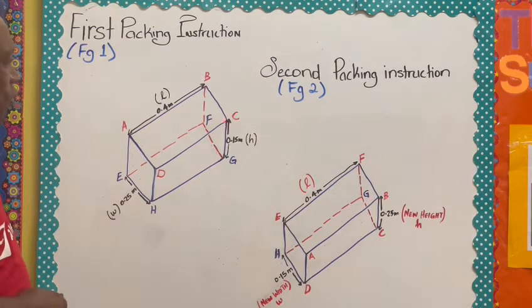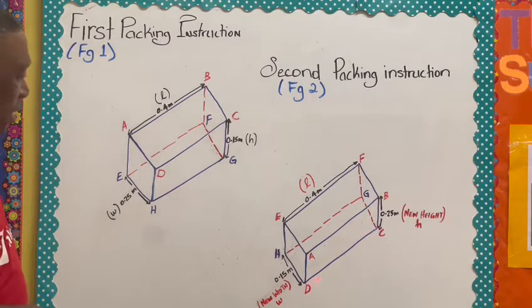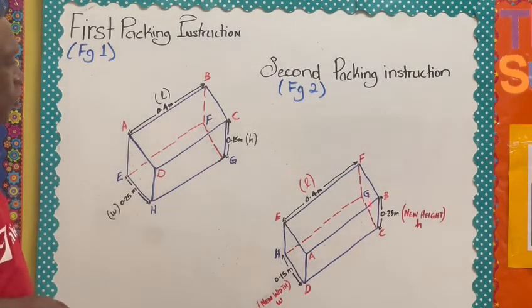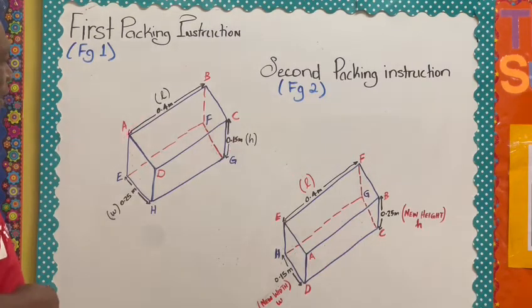CD would take the place of GH on the floor, and likewise HG would replace EF, and EF would be on top because we would have turned it over on the side. So AB would be turned over.